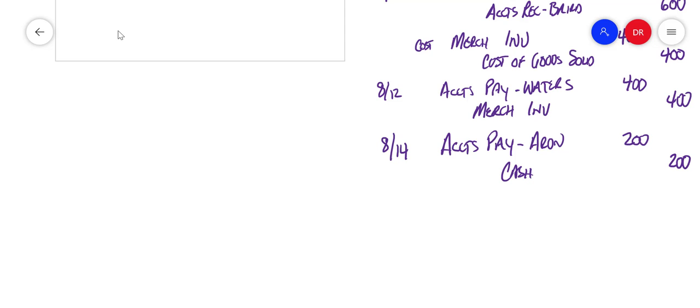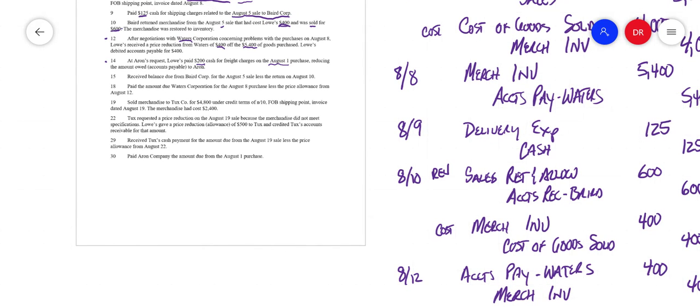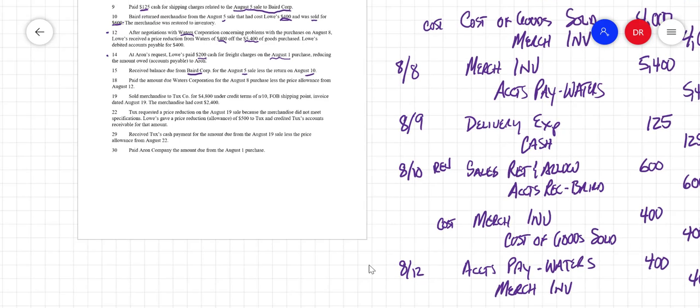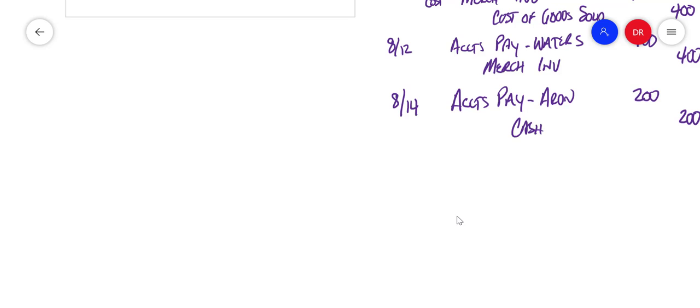All right, go back over here. August the 15th, we received the balance due from Baird Corporation for the August 5th sale minus the return on August the 10th. So I'm going to go down here just a minute and do this calculation. On August the 15th, we're going to get this money from Baird, but we're going to start with their account balance over here.